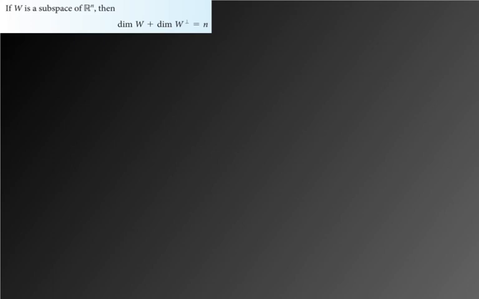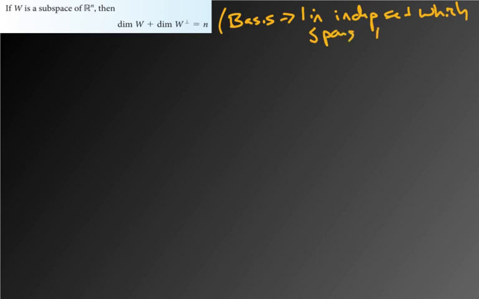So what I'm basically going to utilize is really the definition of a basis. A basis is a linearly independent set which spans the space, right? We know that definition from a while ago, but that's really what I'm going to utilize, okay?